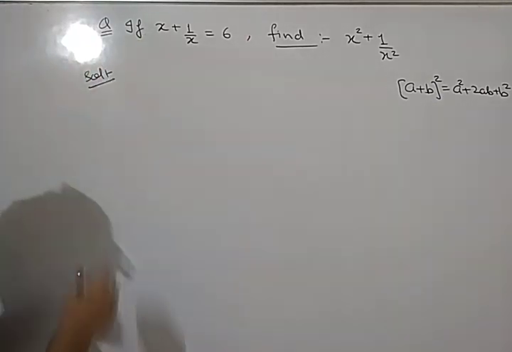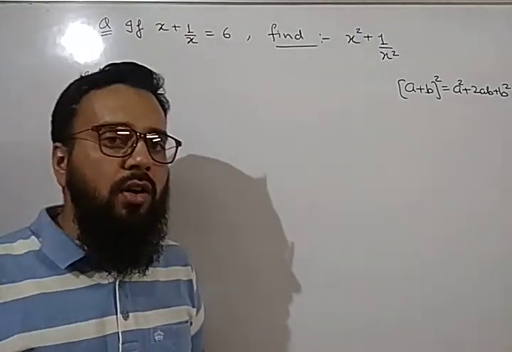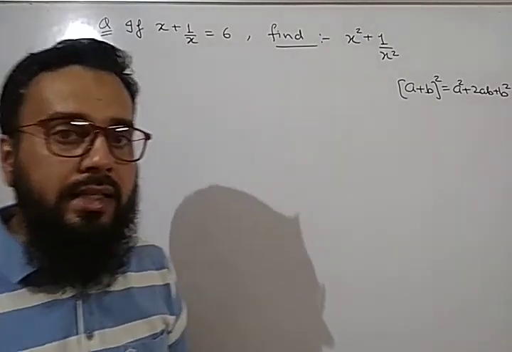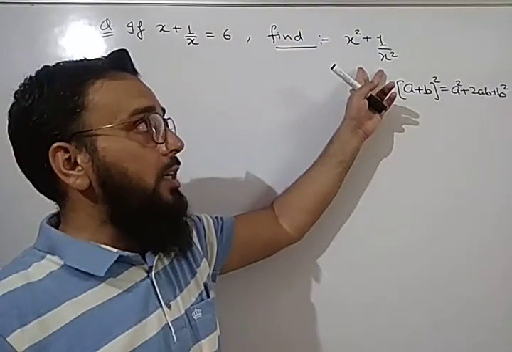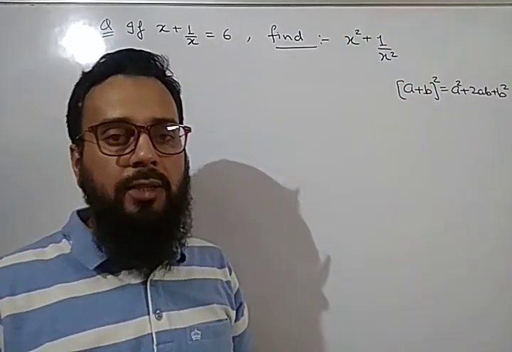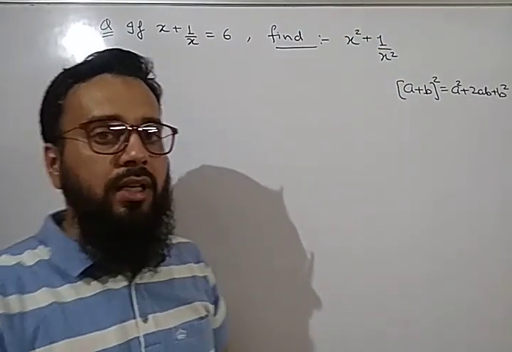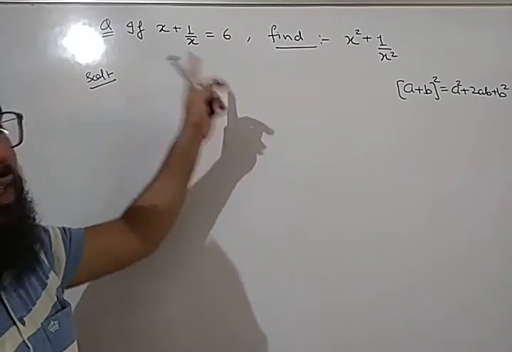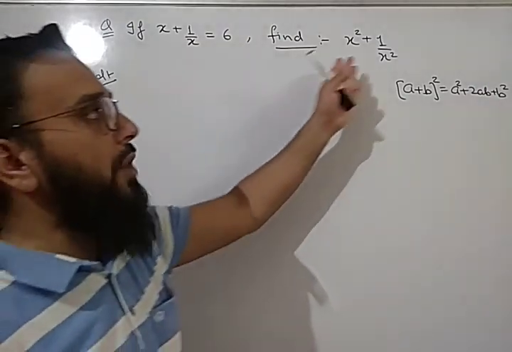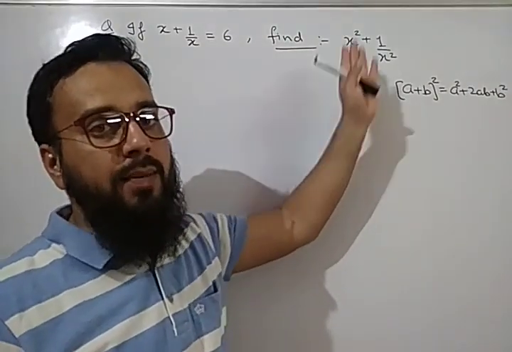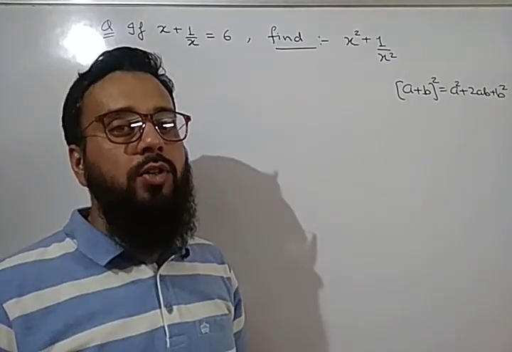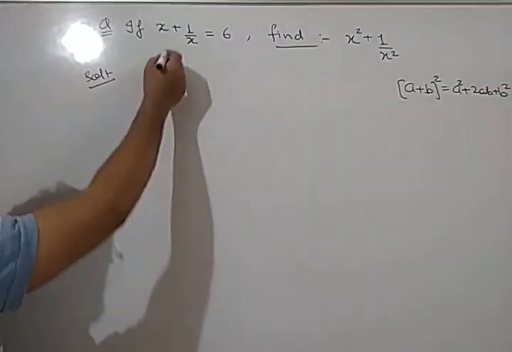So whenever you are given x plus 1 upon x or x minus 1 upon x, and you are asked to find the value of x square plus 1 upon x square, then what you have to do is simply square this term.